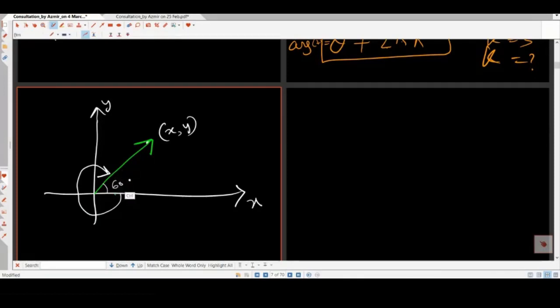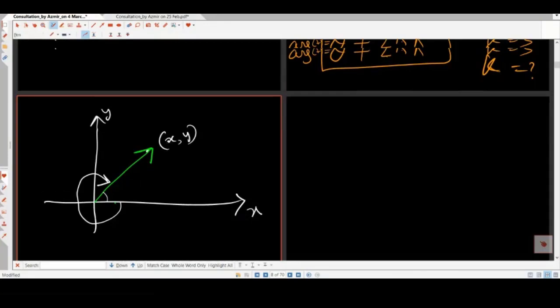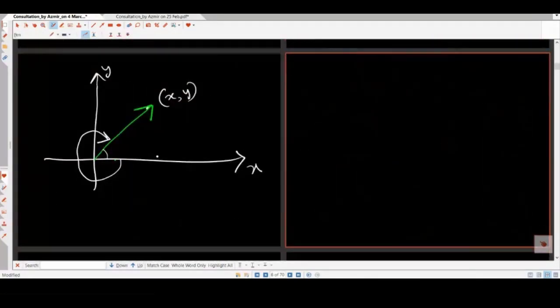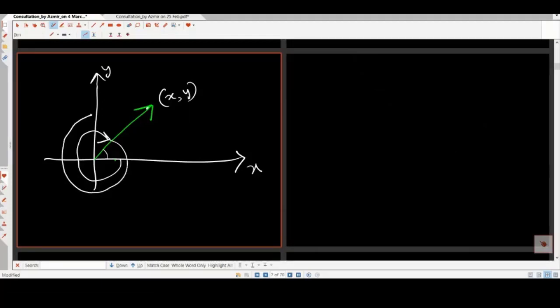So coming from counterclockwise direction or coming from clockwise direction doesn't affect our result. So we are getting the same line. Let's say we can make another rotation. We are getting the same line. We can come from another rotation.